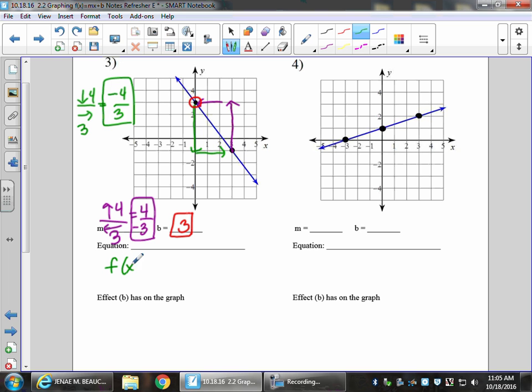F of x equals negative 4/3 x plus 3. Go ahead and work on the effect of B and M, please. Writing is learning. Okay, so as you write that sentence, really think about what you're saying about B, what you're saying about M.